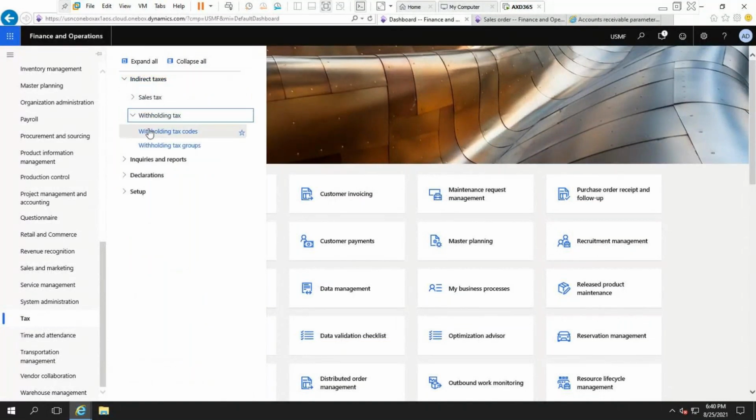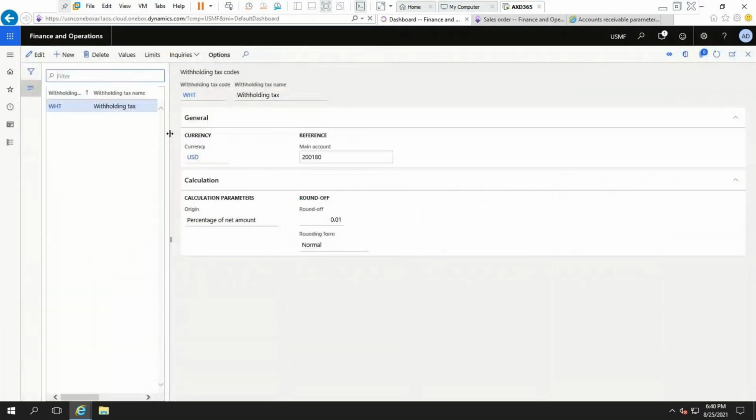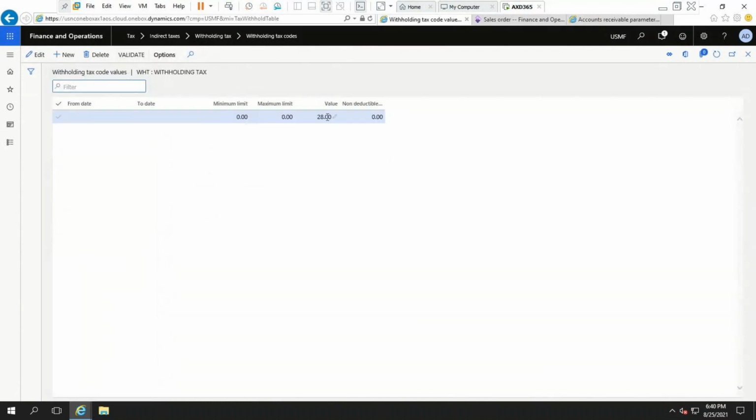You need to create tax codes, whatever the percentage. Tax codes you need to define. In the values, you enter the value. What is the percentage? 28% was mapped.